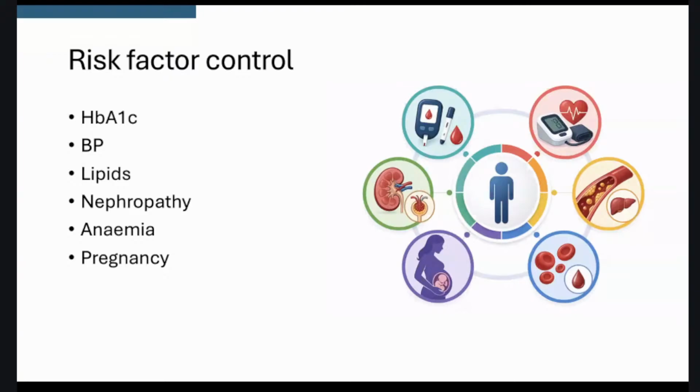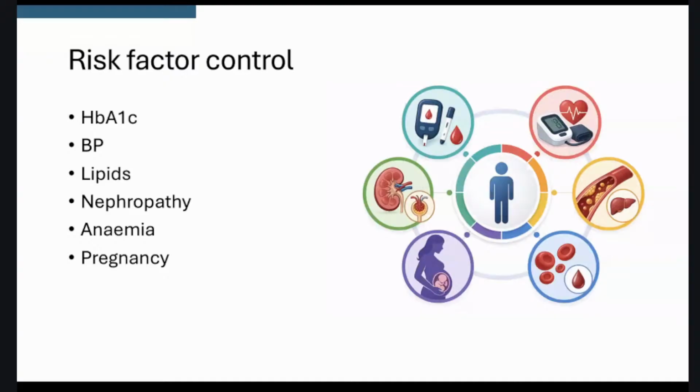Because of the hyperglycemia, these patients already have a compromised blood retinal barrier. And so if their hypertension and hyperlipidemia are also uncontrolled, because those things affect your vasculature, it's just going to compound the macular edema.